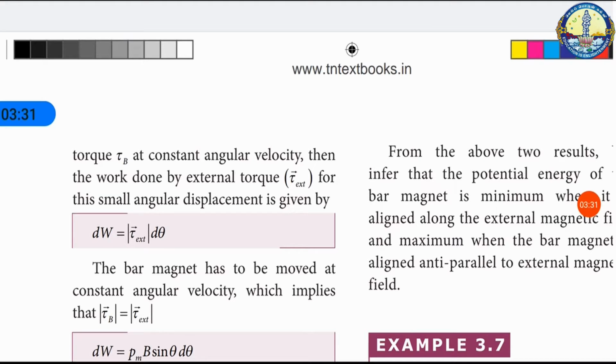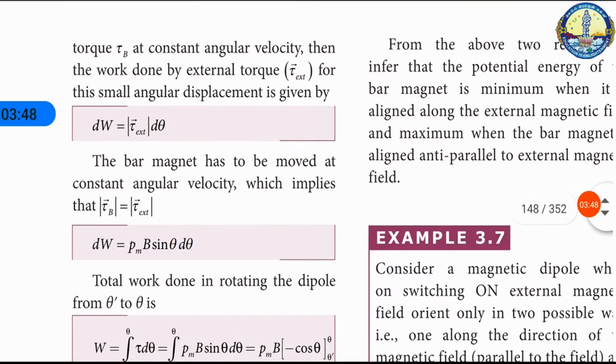The total work done in rotating the bar magnet from the angle theta dash to theta: when you integrate with the limits from theta dash to theta, you will get W is equal to minus Pm B into cos theta minus cos theta dash. The work done is stored as potential energy.